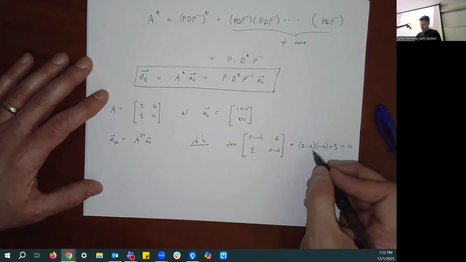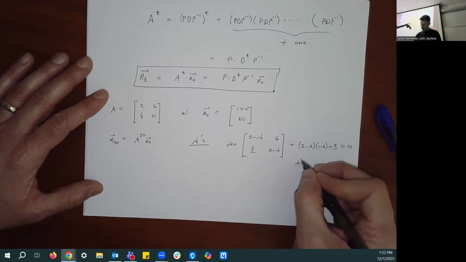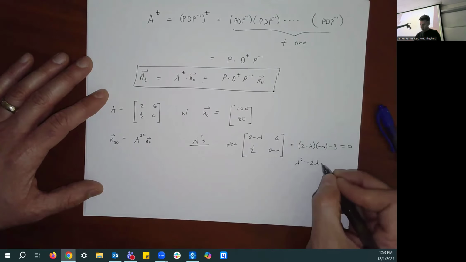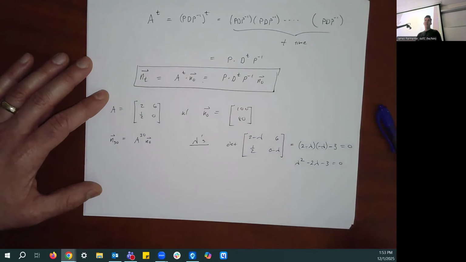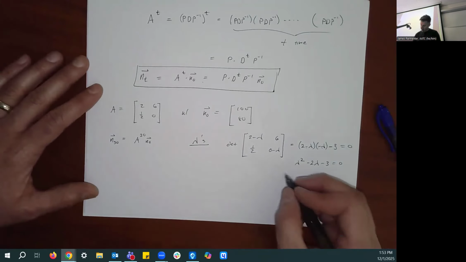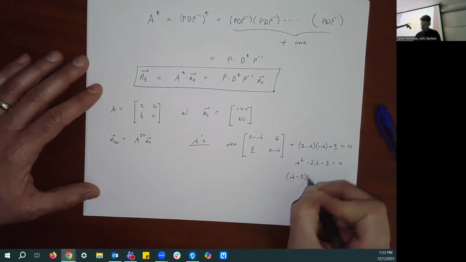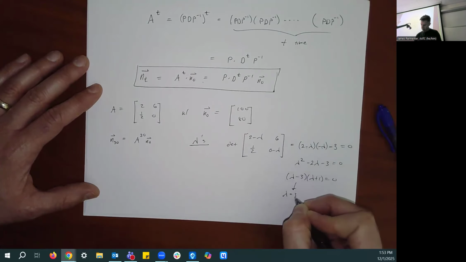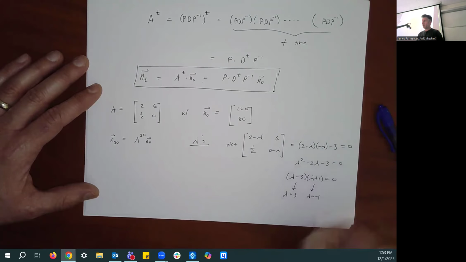Multiplying this out, negative lambda times negative lambda is lambda squared. Negative lambda times 2 is minus 2 lambda, minus 3 equals 0. Hopefully it factors. It does. It factors as lambda minus 3 times lambda plus 1. So our eigenvalues are lambda equal to 3, lambda equal to negative 1.